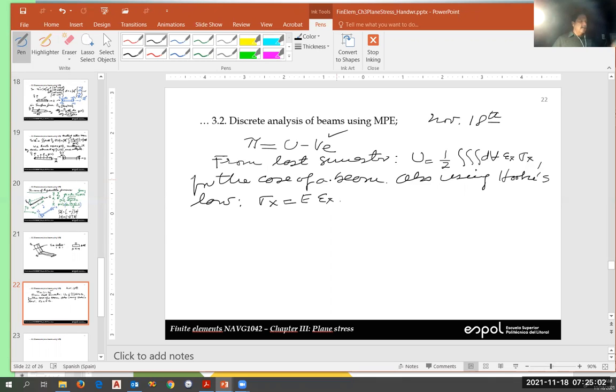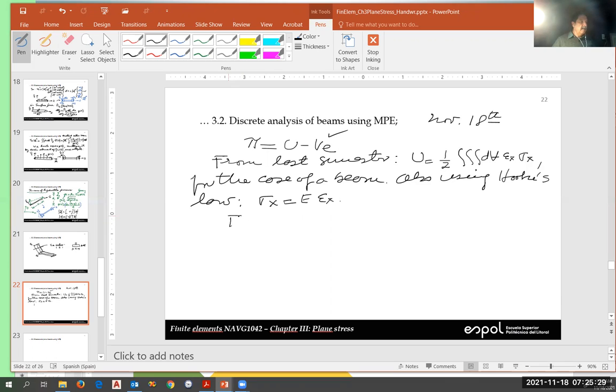From this, we're going to go in a similar way as we did for the case of the bar and try to derive the stiffness matrix of the beam element. Okay, so let's do it.